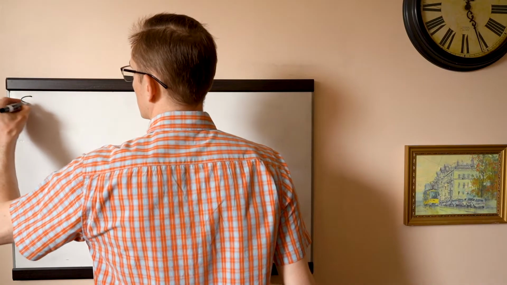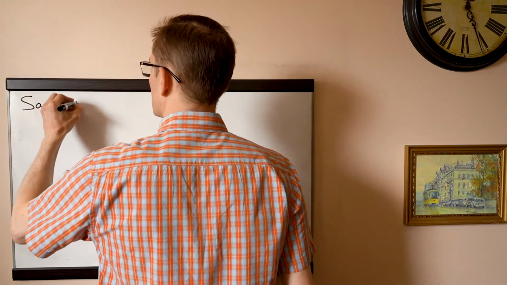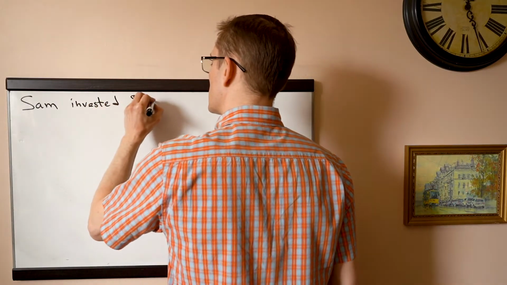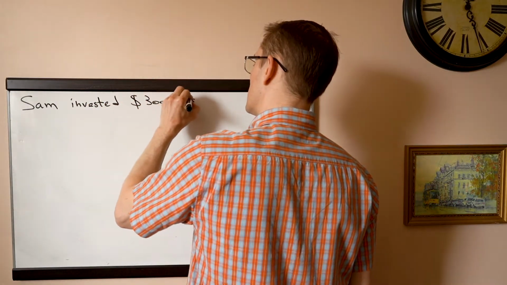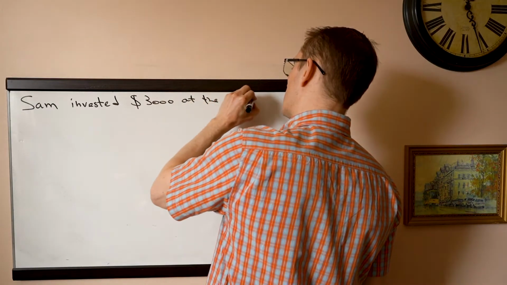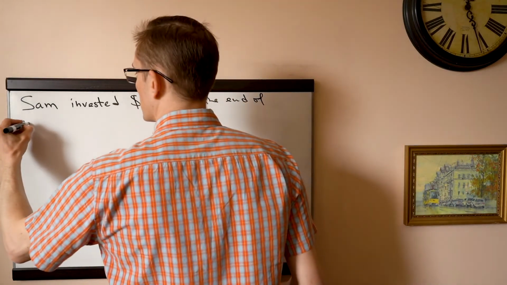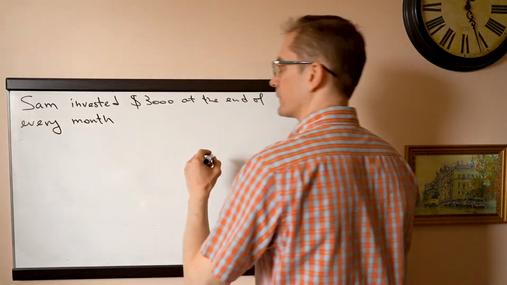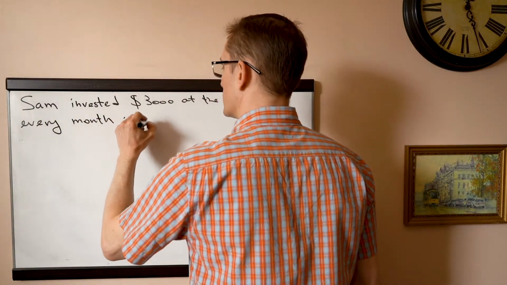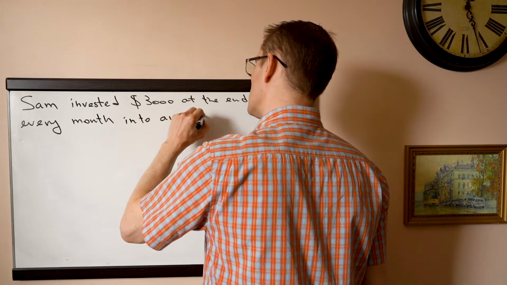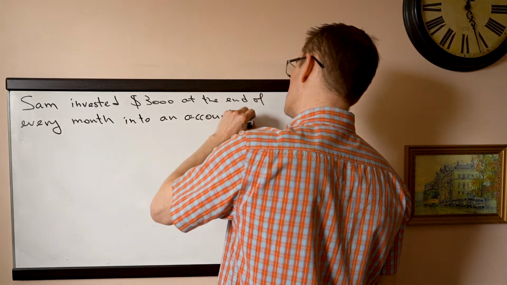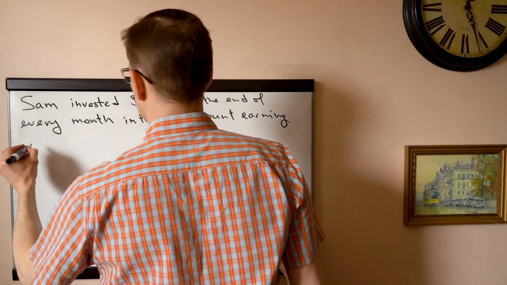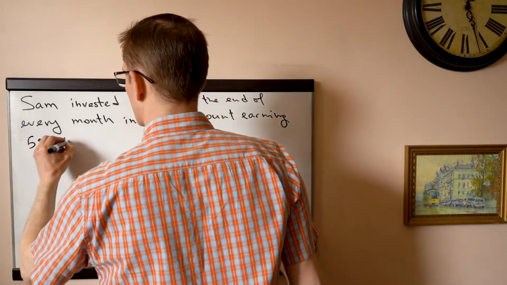Okay, let's say Sam invested $3,000 at the end of every month into an account earning 5% compounded monthly.